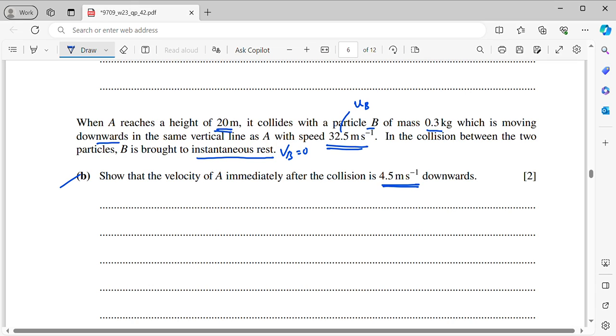Alright, so now the diagram becomes this. Initially, the A is here. Once it reaches 20 meters, it collides with the B. Let's say B is here, so then the B reaches here. Maybe I use a different color.